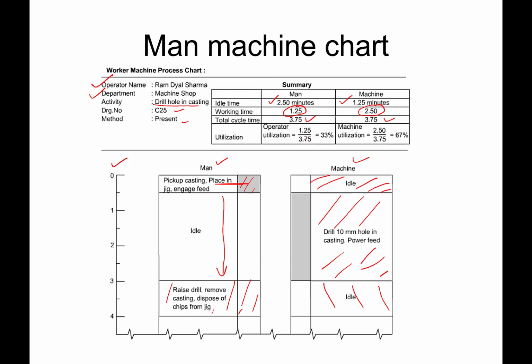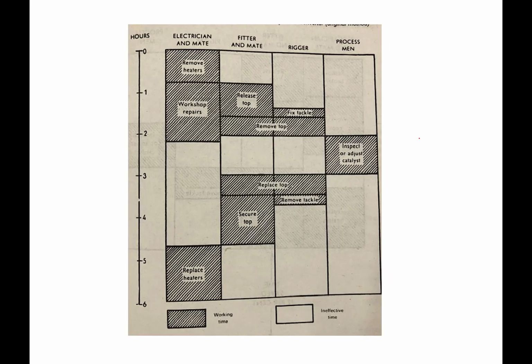So you can see the utilization index of the worker and of the machine can be identified. Now we can see in which way this can be engaged. This is the kind of utilization. So if there are two machines, probably the worker can operate two machines of the same kind to increase the manpower utilization.